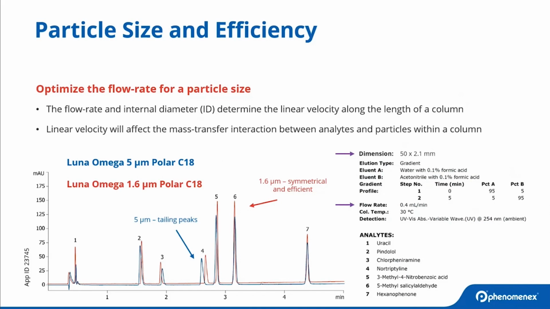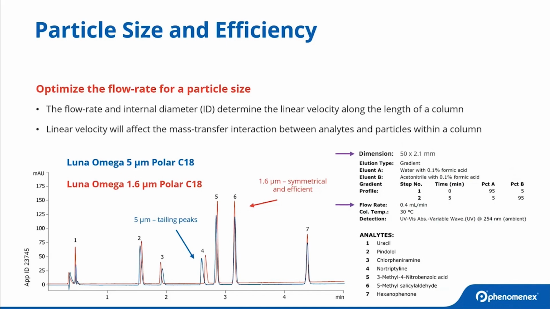It is important to scale your flow rate proportionally with your internal diameter so as to achieve specific values for linear velocity. Each particle size works best with a certain range of linear velocity. Admittedly, smaller particles afford a much broader range for optimal rates of linear velocity, which we'll explore now.